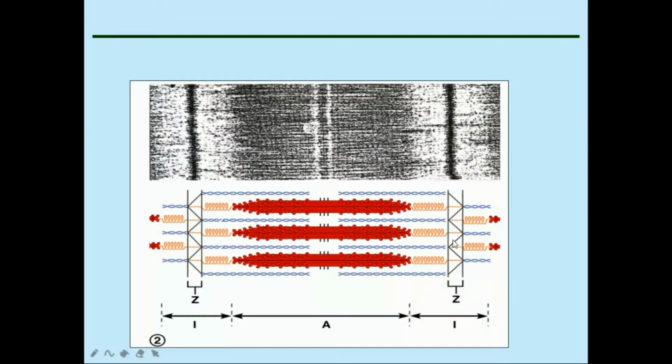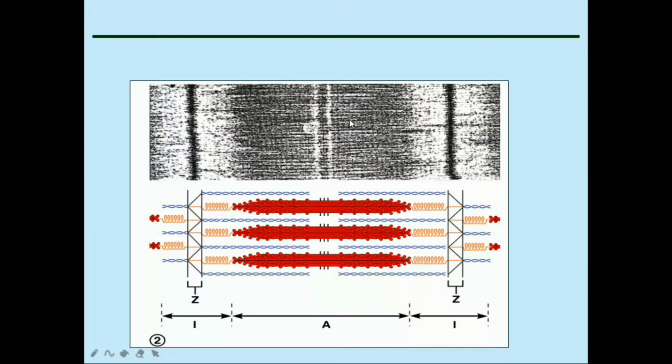All these Z discs are in the same transverse plane and they are attached to each other, and therefore the dark bands of all the myofibrils in a muscle fiber form dark bands or dark striations across, and therefore the skeletal muscle is called as a striated muscle.